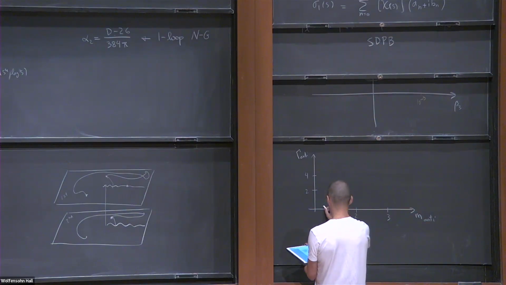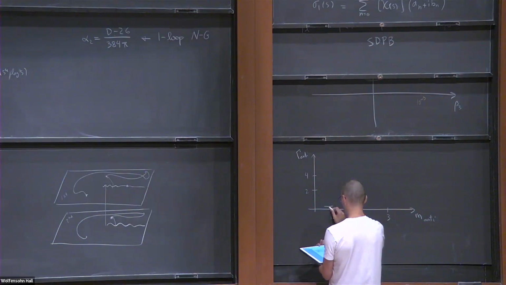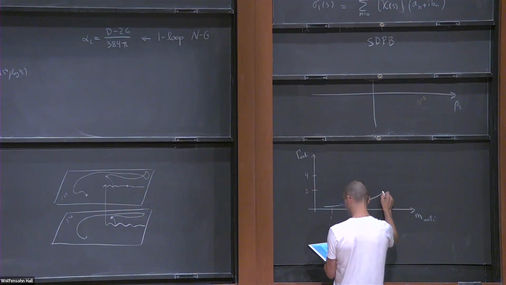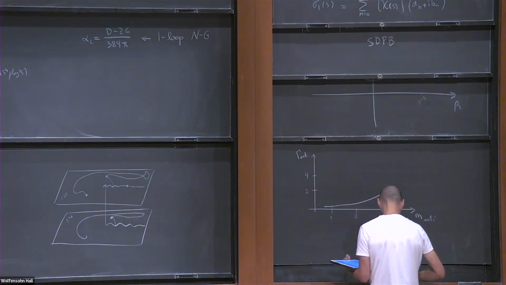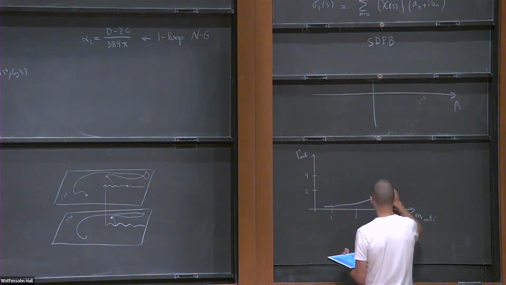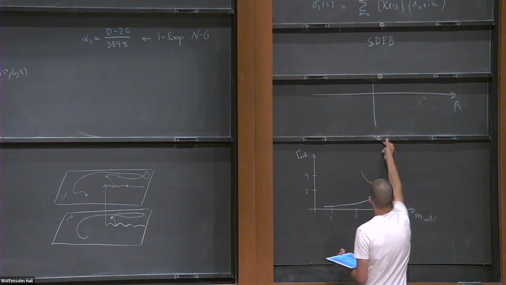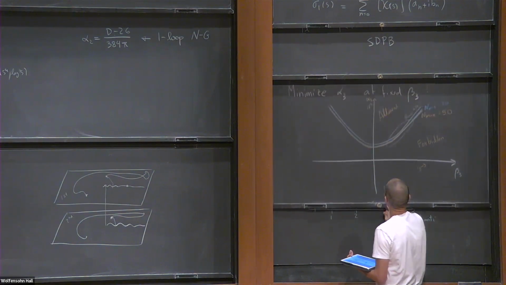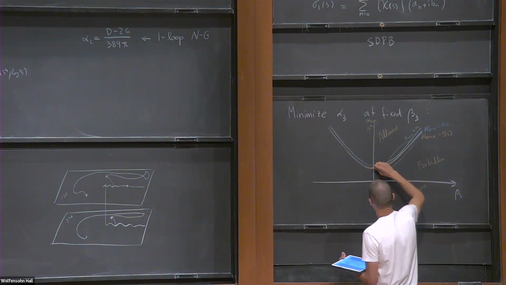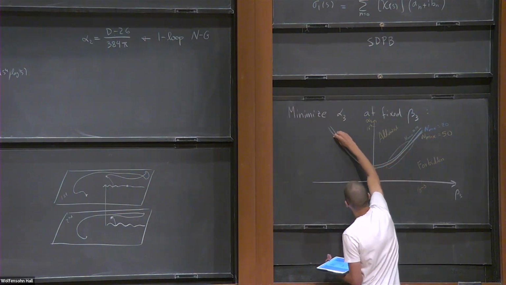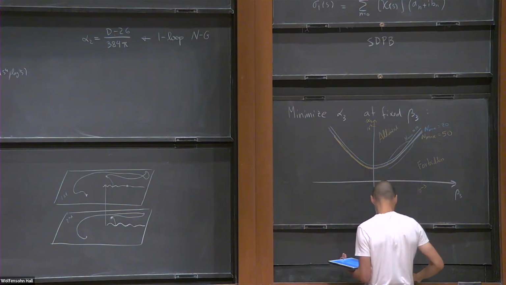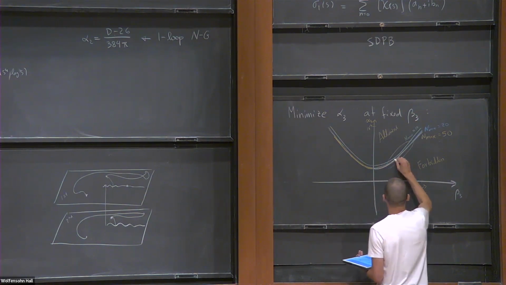Let me plot it. So the width is much smaller than the... well, maybe I'll do some color coding. Okay, like this. So the white is this part, and the orange is this part here.